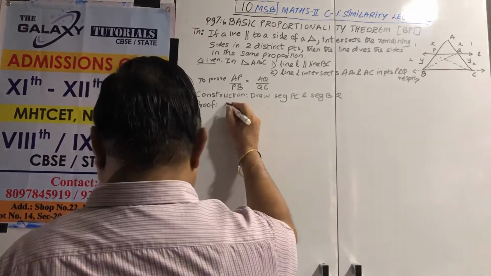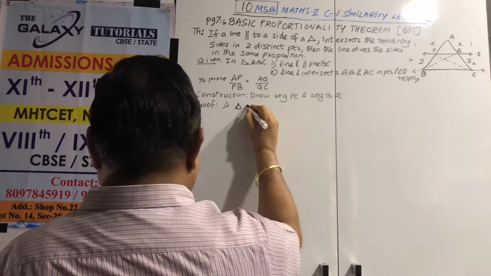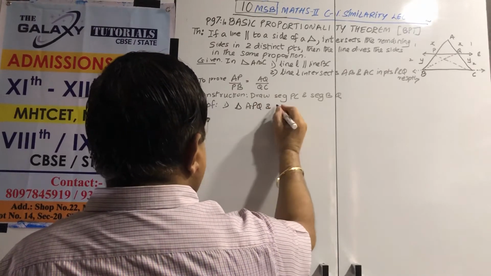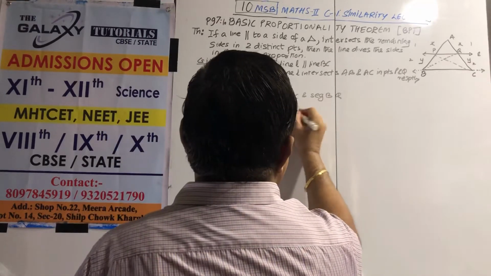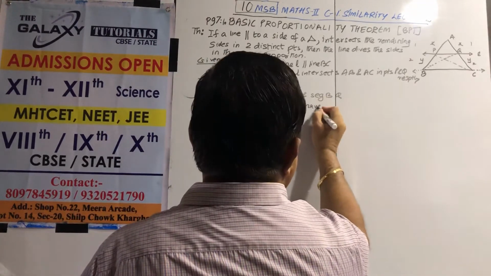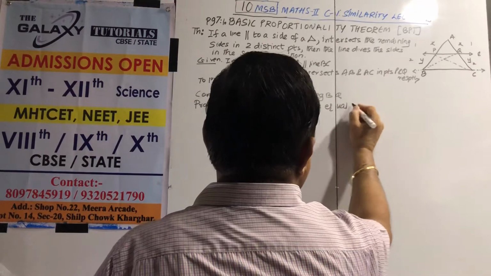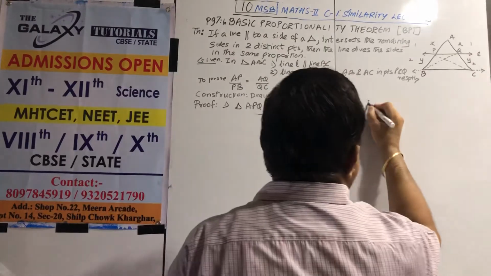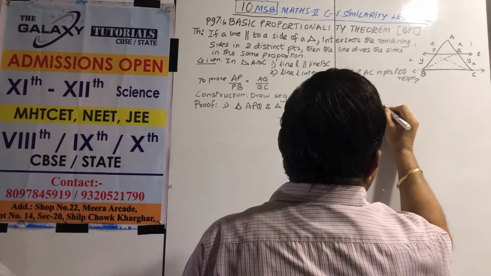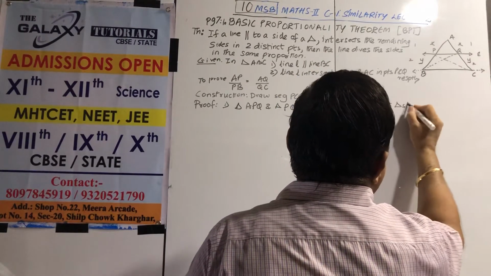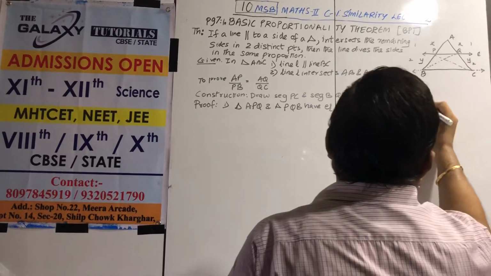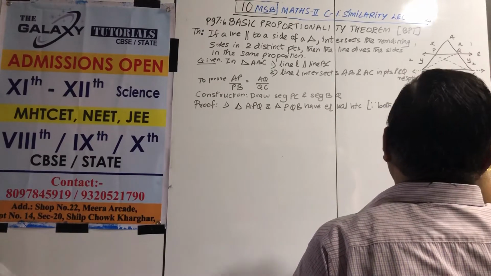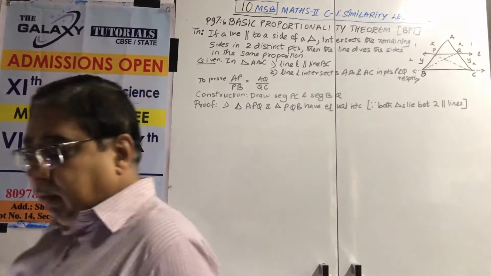So, I have first triangle APQ and triangle PQB have equal heights, because both triangles lie between two parallel lines, for your understanding.